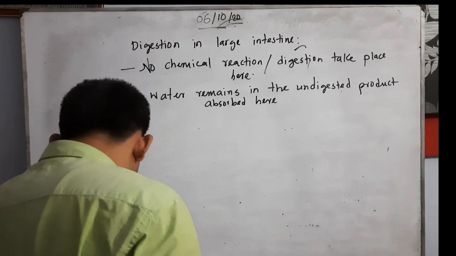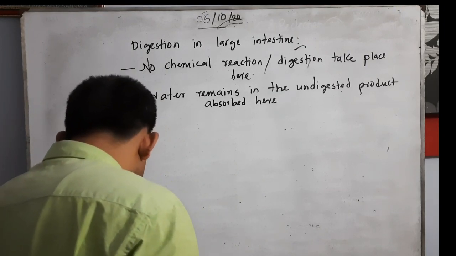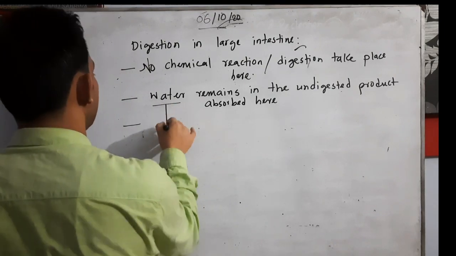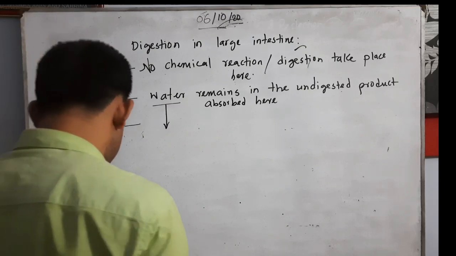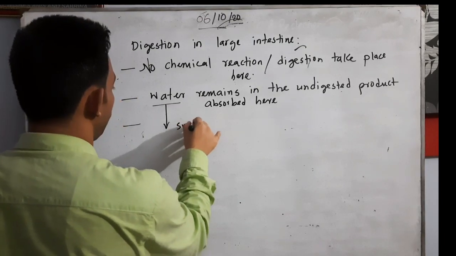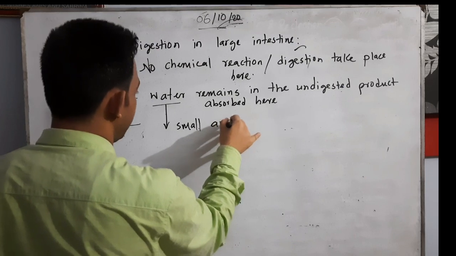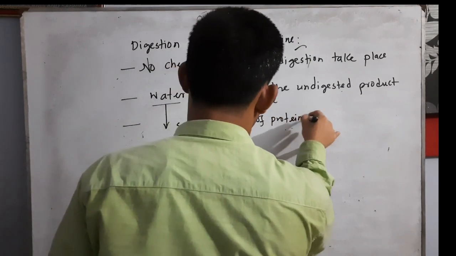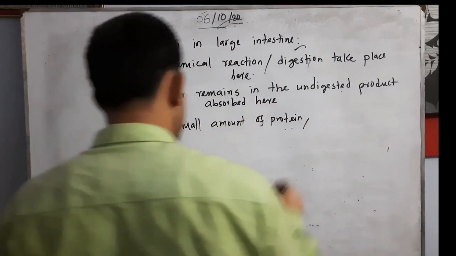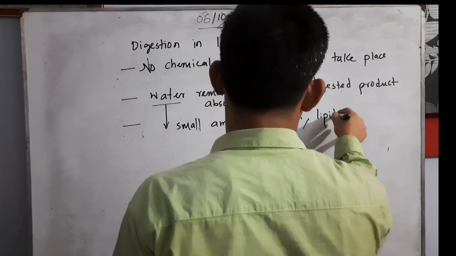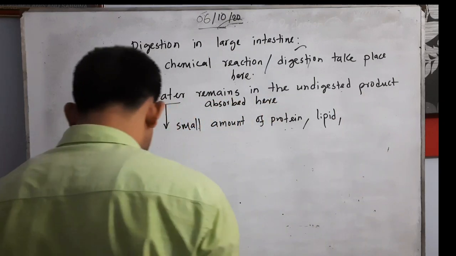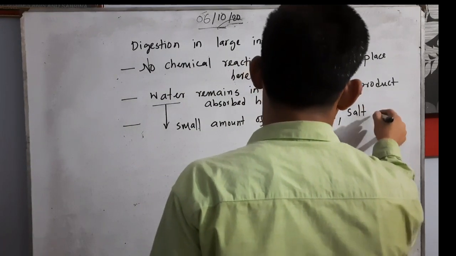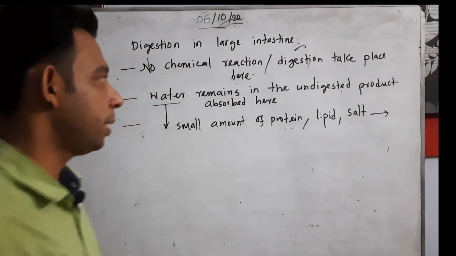Yes. So a small portion of protein, lipid, salt, excess enzyme. Not only water, we can see a small amount of protein, if it was not digested properly, and a small amount of lipid, but carbohydrate is fully digested properly, and salt.